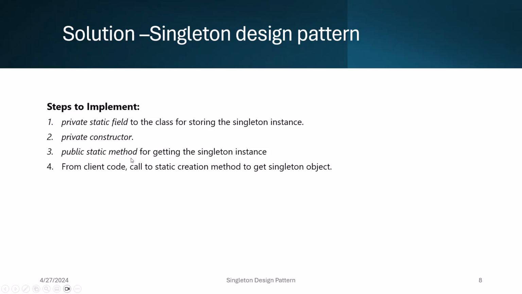And the client code, from where we are getting the instance of this singleton class, should call this static method to get the singleton object. So these are the main four steps for our singleton design pattern.